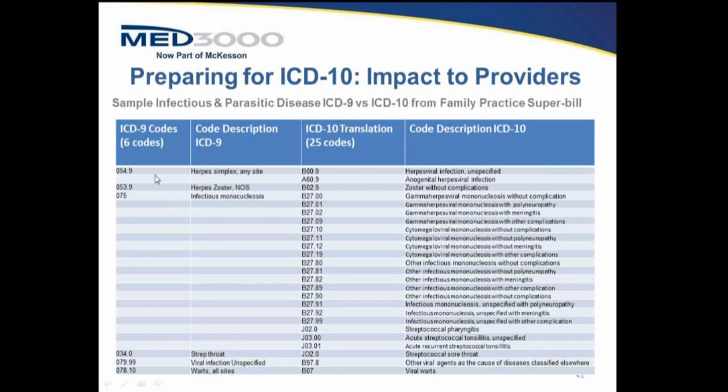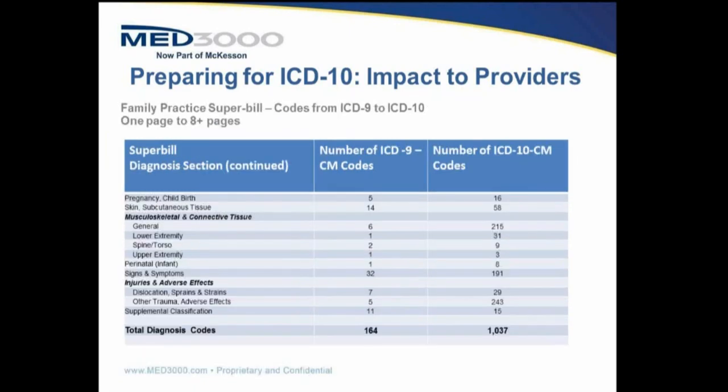You can see under ICD-9 the number of codes and the code description. You can now see under the ICD-10 translation, there are 25 codes, and you can see what those code descriptions are. So again, one category, but look at the volume and the descriptions. It is forcing you to be specific, so that you can then assign the specific appropriate code based on the documentation.